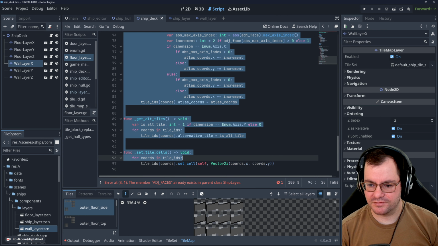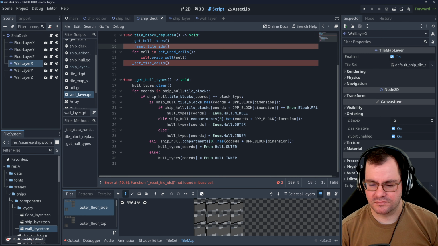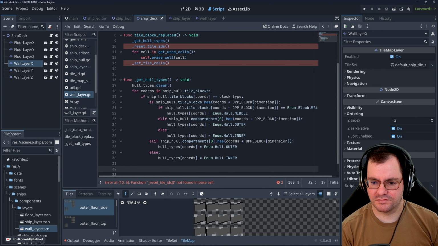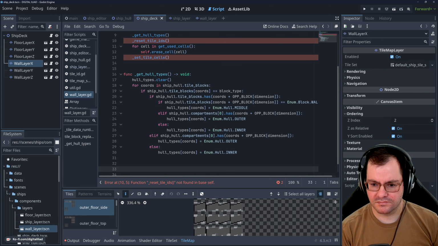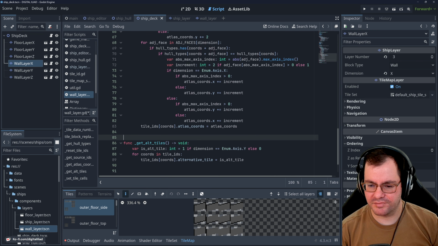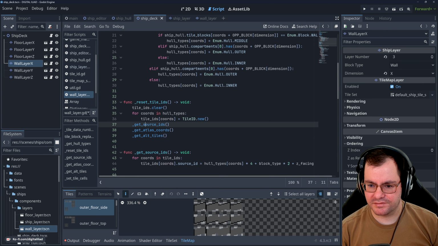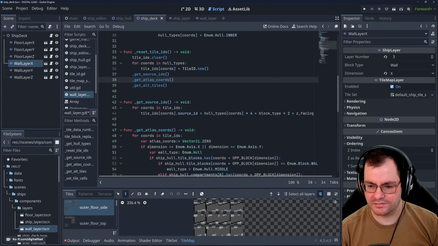Gotta move all of this over to the wall. Actually, some of this can get thrown back up here. So these, so get source ID, get Atlas coords. Not this.